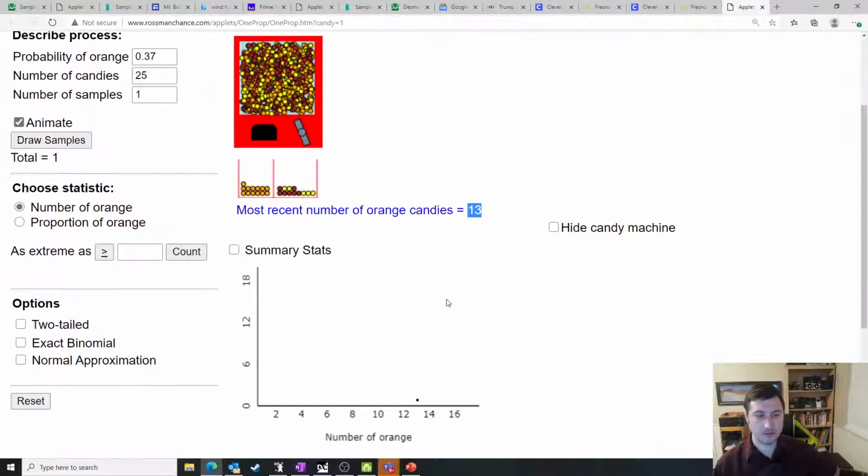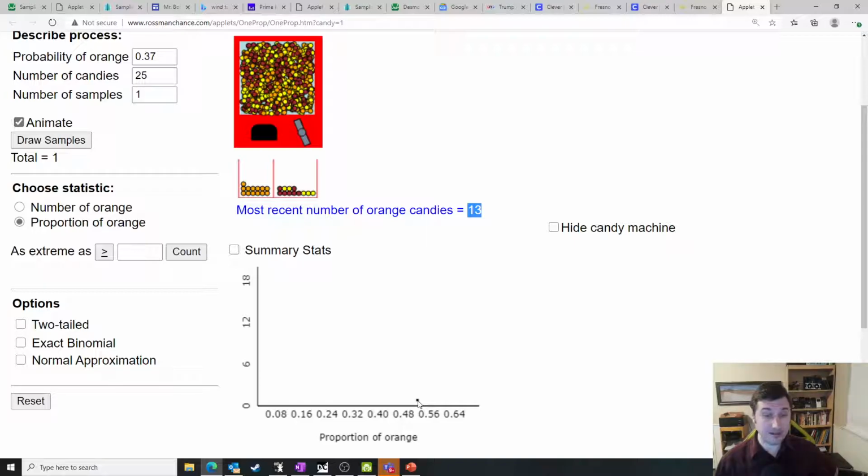Okay? So I'm going to turn that into a proportion. 13 out of 25 is right around, what is that, 50% maybe? And I put a dot on a dot plot for that proportion. And that's the interesting thing now about a sampling distribution.